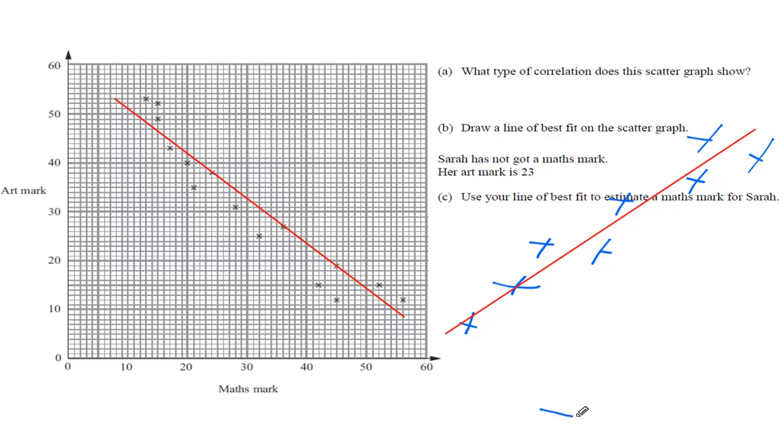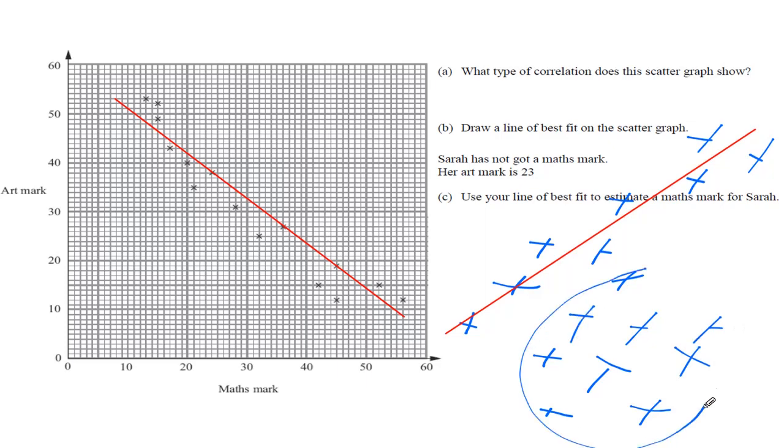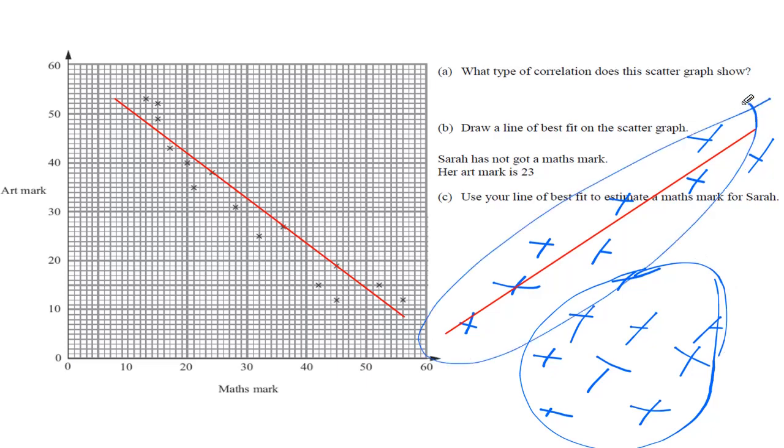And if all the crosses were scattered around like so, all over the place, then obviously there's no connection, there's no correlation. So this one, positive correlation, that one, negative correlation.